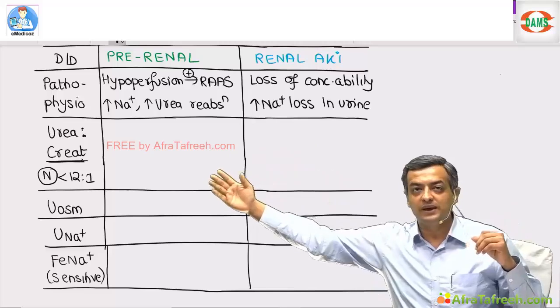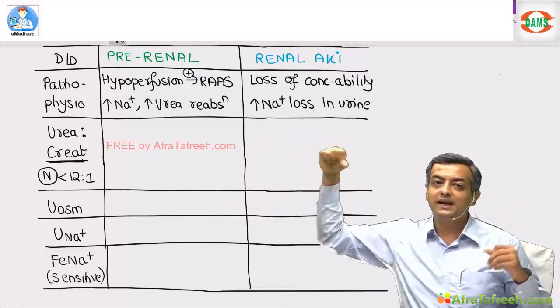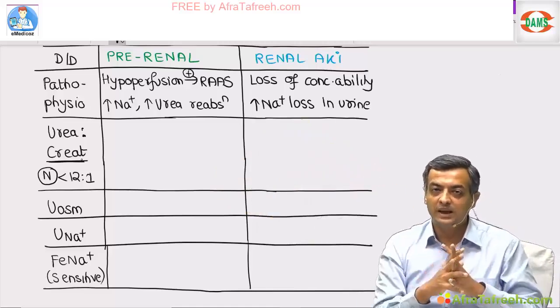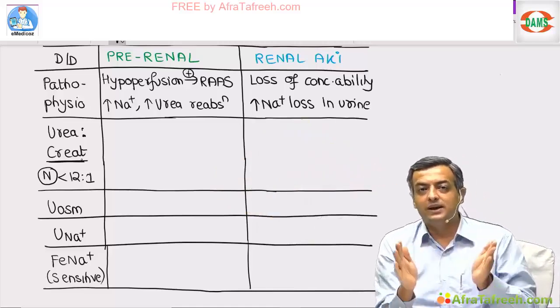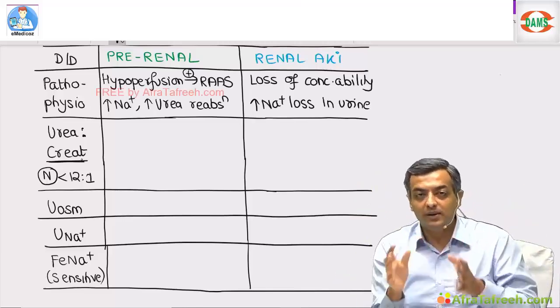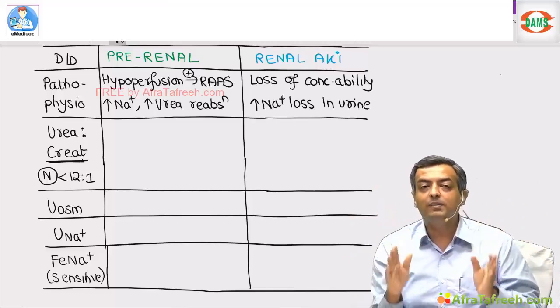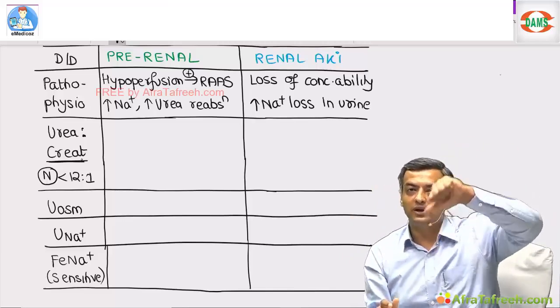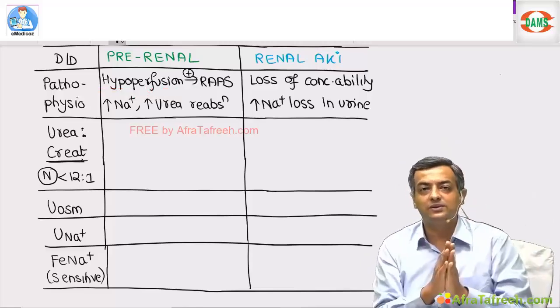Whether it is prerenal or renal, there is a drop in the GFR. Yes, there is a drop in the GFR. Let us say the patient has a 20% reduction in the GFR, because of which there will be a 20% decrease in the excretion of both solutes, urea also, creatinine also.